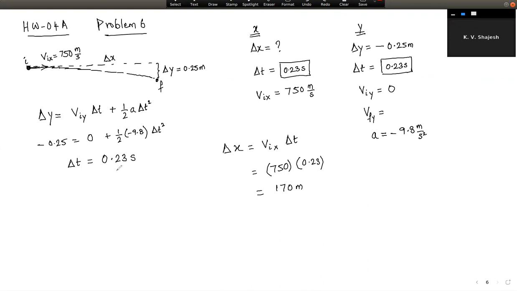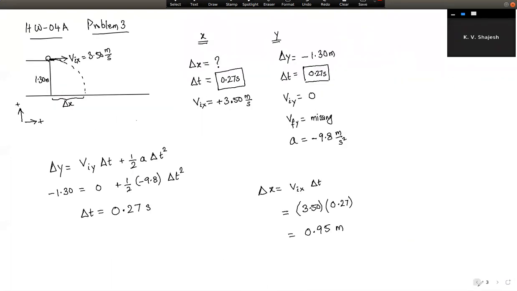At this point, while I'm doing this, it strikes me that maybe I forgot to take the square root in problem 3. So let me go back and check if I did that calculation correctly. So 1.3 into 2 divided by 9.8 is equal to 0.27, but I'm supposed to take a square root of that.